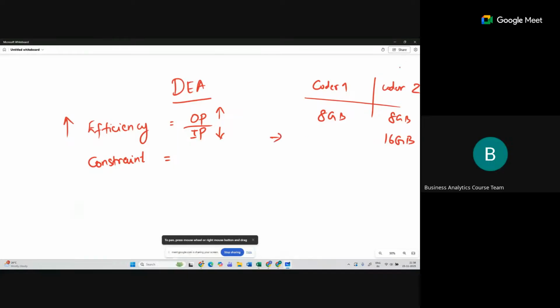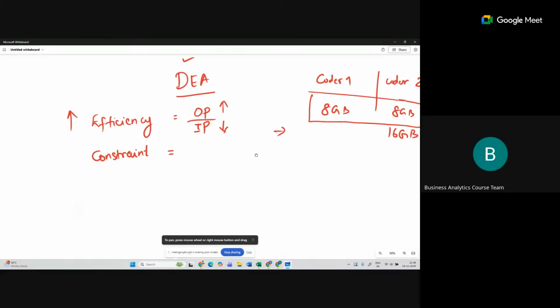There is an upgrade in the technology. Whereas in DEA, we don't assume there is technological change. So within this setting, without any change in technology, who is efficient and who is not efficient? That is what we are trying to understand.